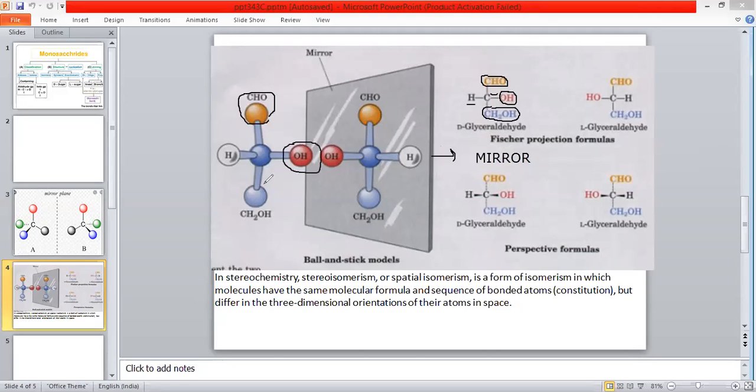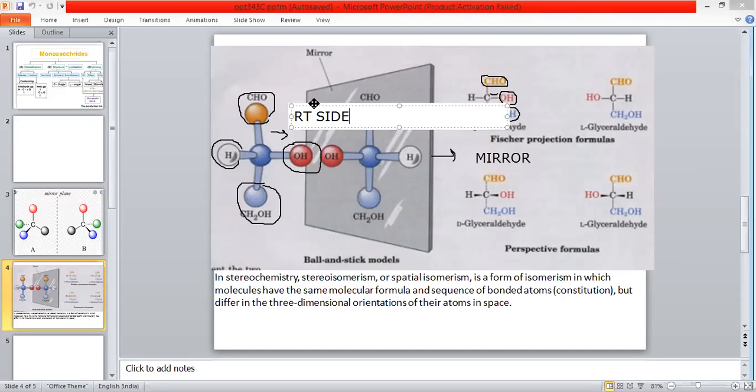This is a CH2OH group here, and this is the H group here. So if you look at the image here, this image is on the right side, because it's on my right side. That's why I'm saying OH is present on the right side.